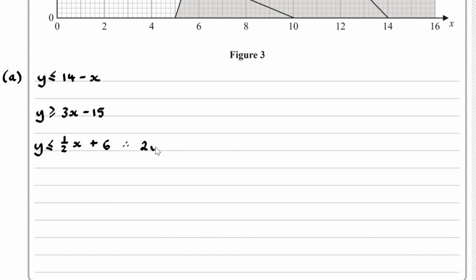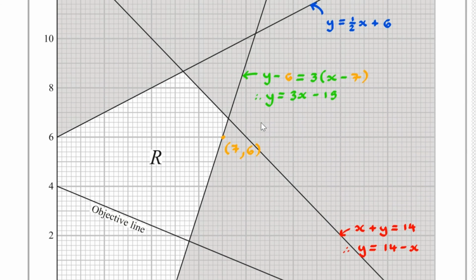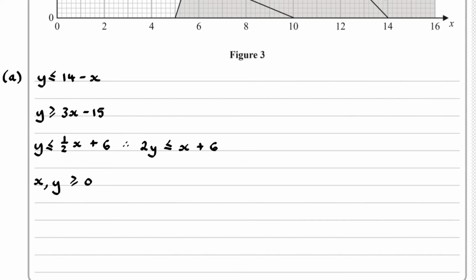So I have 2y being less than or equal to x plus 12. And then I've also got the constraint x and y are both greater or equal than 0. So these are my inequalities, which satisfy this feasible region.